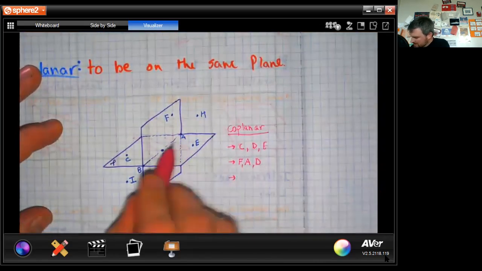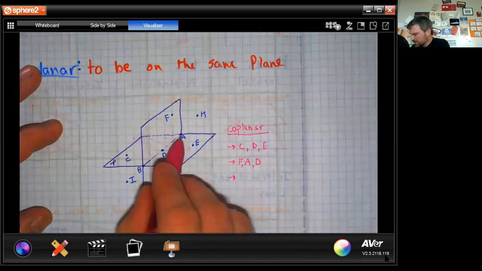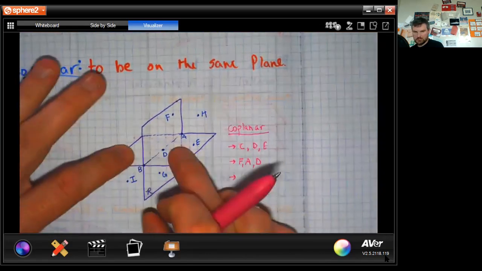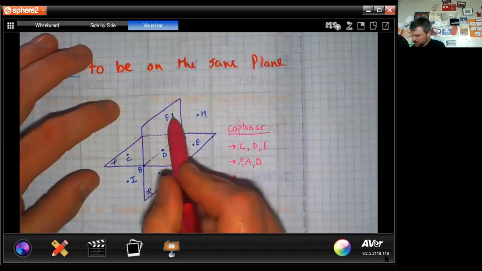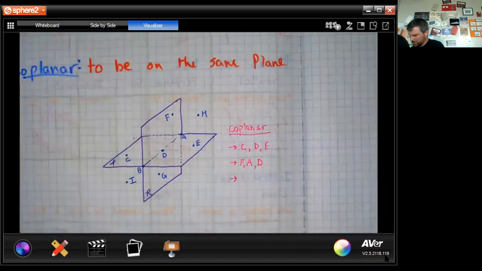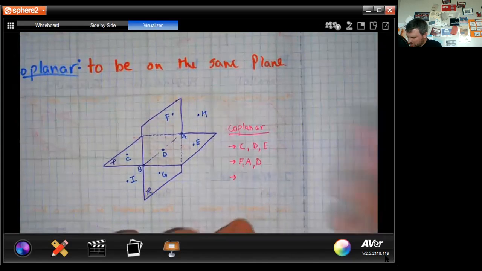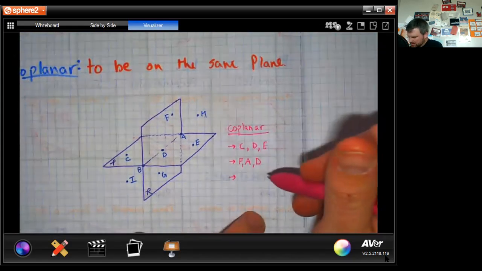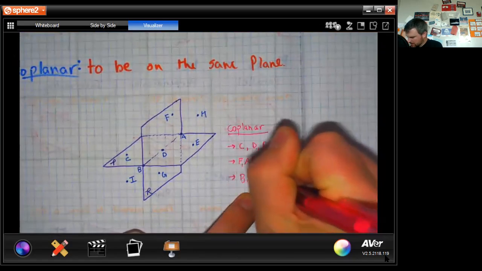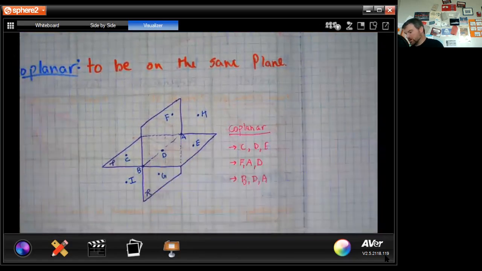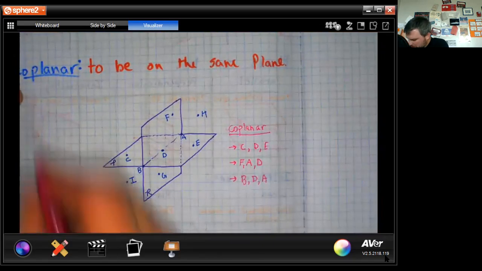And A and D, I did that one because A and D are actually on both planes, okay, vertical and horizontal, but then F is only on plane R, okay? And then the last coplanar, let's just say B, D, A. And we don't really know what plane that they are on because they're actually on the intersection, so they're on both.